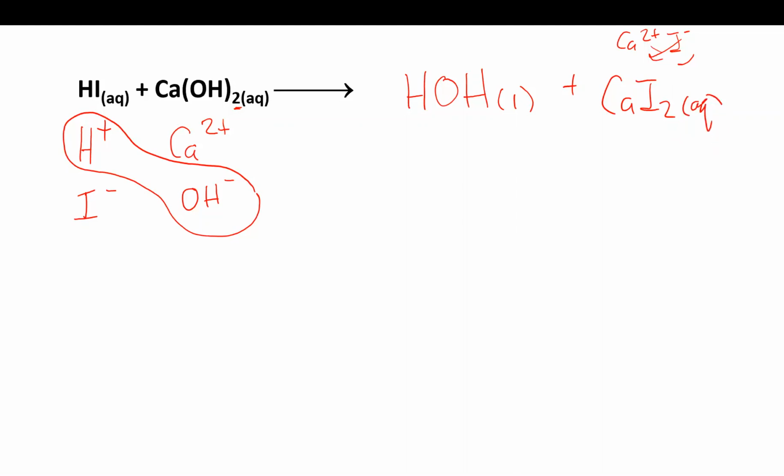Okay, but now I have to balance it. So when I balance it, first metals, 1 calcium, 1 calcium. Then I go to nonmetals. There's 1 iodide here, but there's 2 here on the product side. So what do I need to do? I need to put a coefficient of 2 in front of the hydroiodic acid. Now I get to hydroxides because I'm saving hydrogen for last.